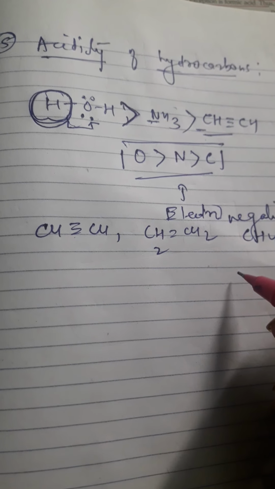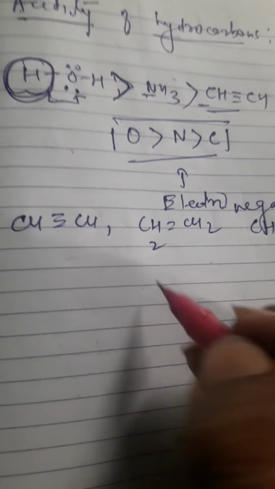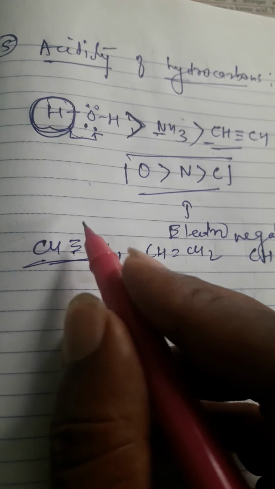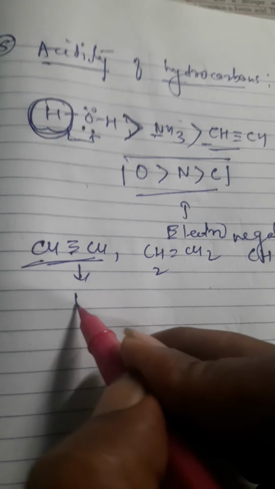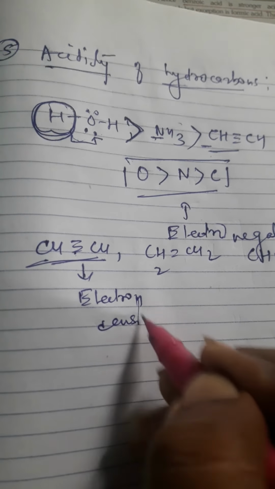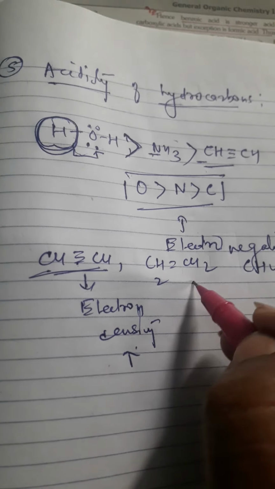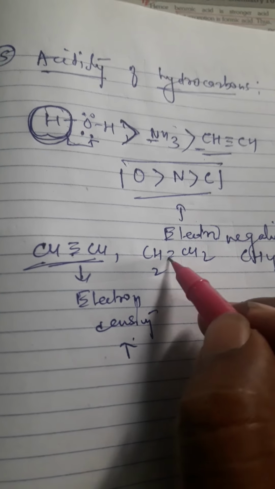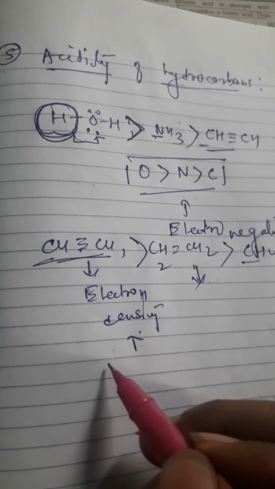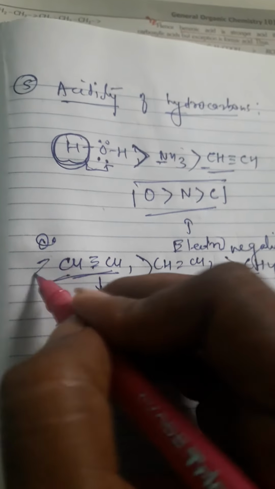So if you see here, the electronegativity of this one is much more, because there is a triple bond. Electronegative means electron density is much higher. Then this one, because there is a double bond, so the increasing order will be this one.